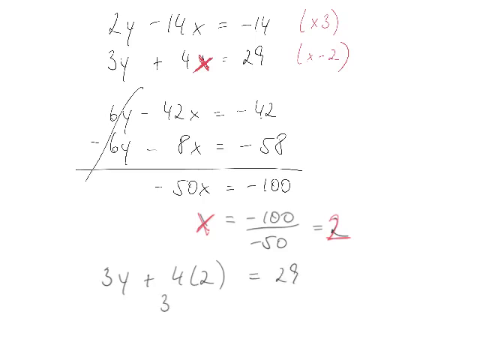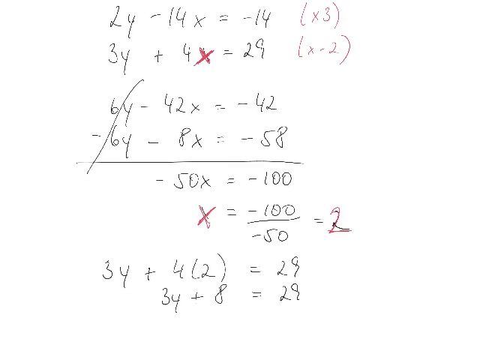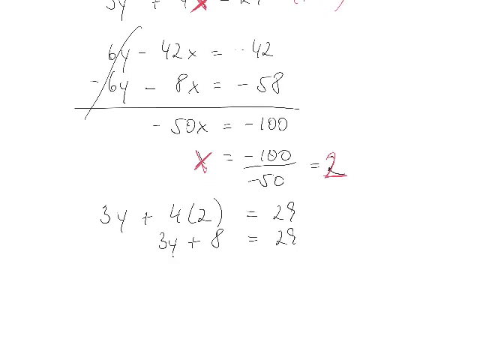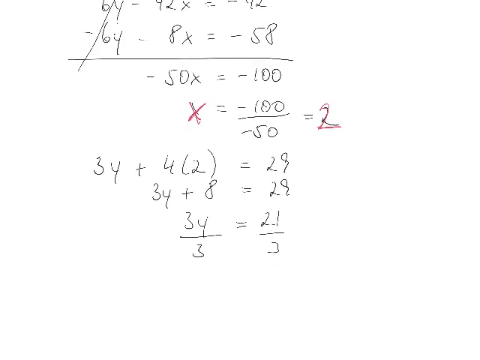So that gives me 3y plus 8 equals 29. I will bring the 8 over and minus it. So 3y equals 29 minus 8, which is 21. I divide by 3. And so that gives me y equals 7. So now I have the coordinates for the center, which is 2, 7.